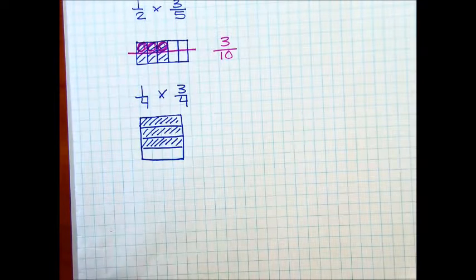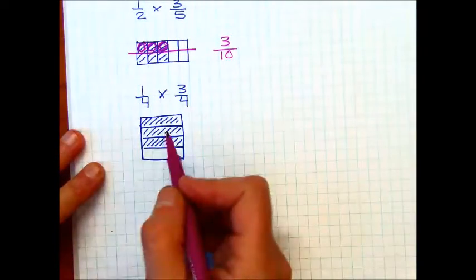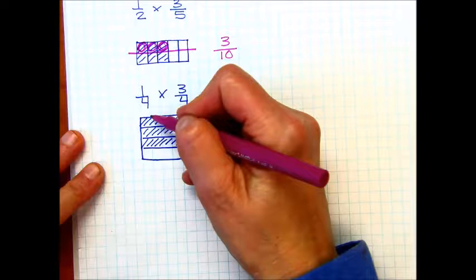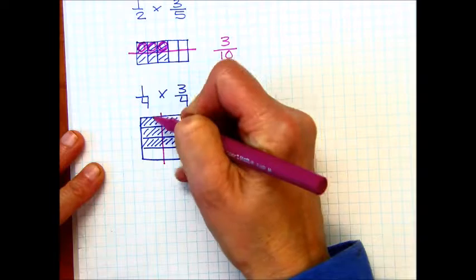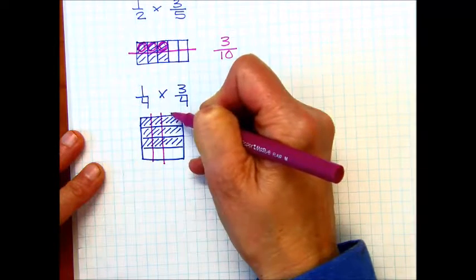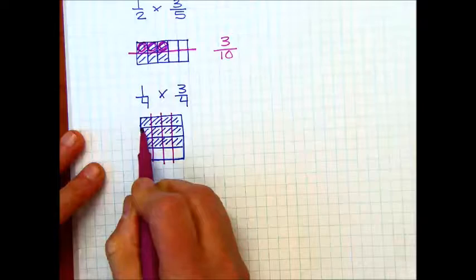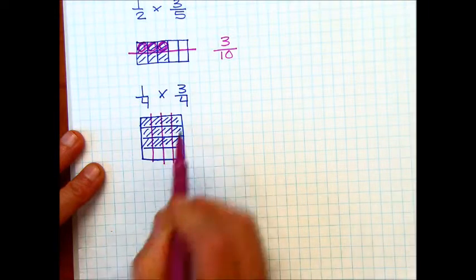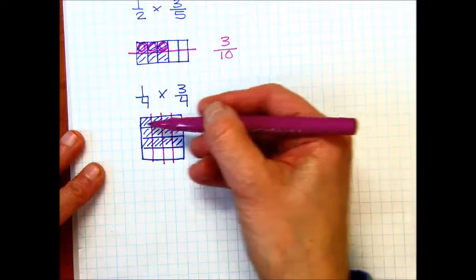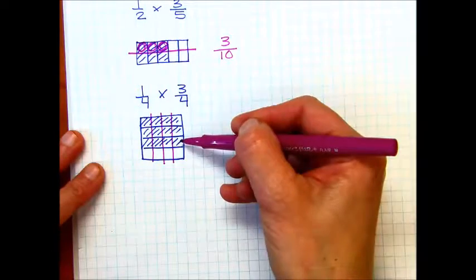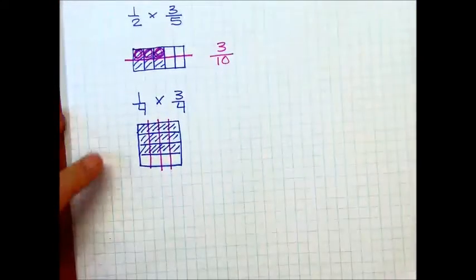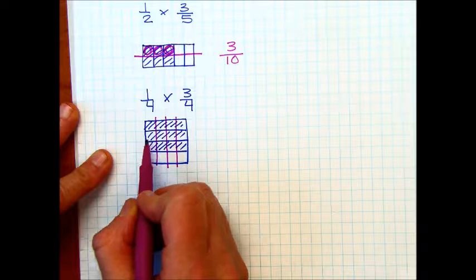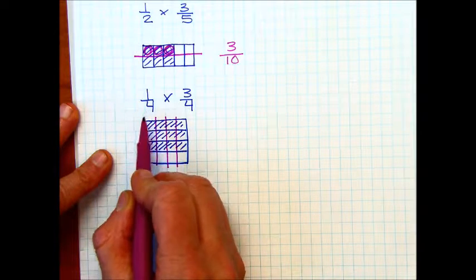Now I'm going to break this up into 4 equal parts. And I could draw my lines this way, but I'm going to go this way just to make it a little easier. This would be half, and then half of a half is a fourth. So now I have 4 equal columns. Originally I had 4 rows, and I shaded 3 of those rows, but now I broke it up into 4 columns. Now I'm only going to circle 1/4.